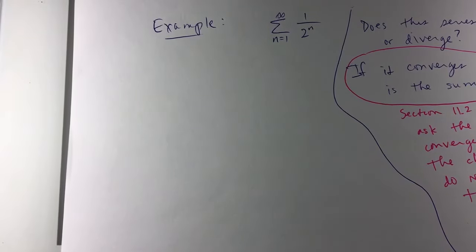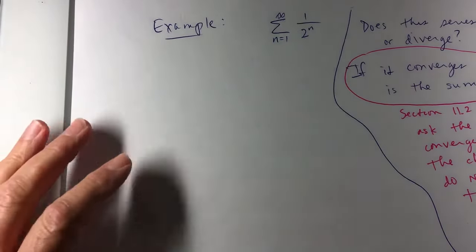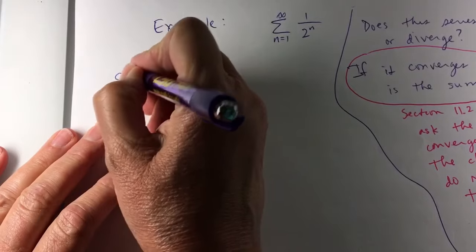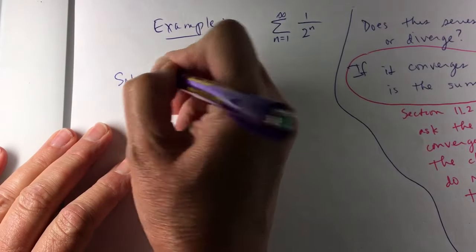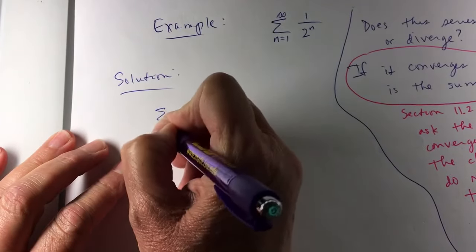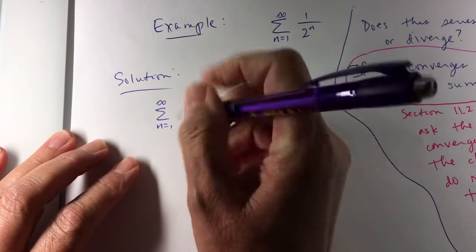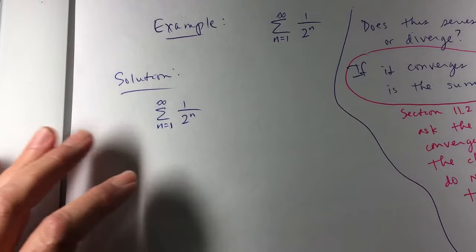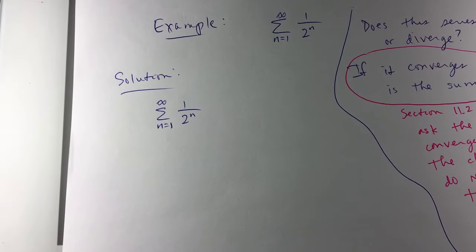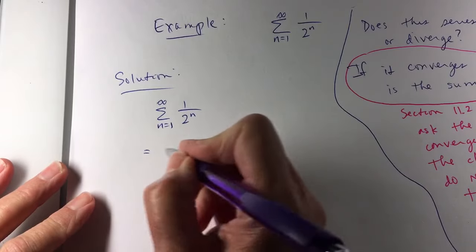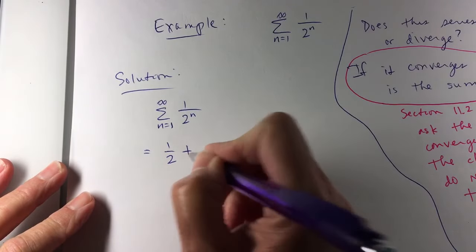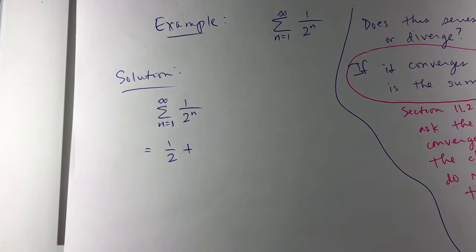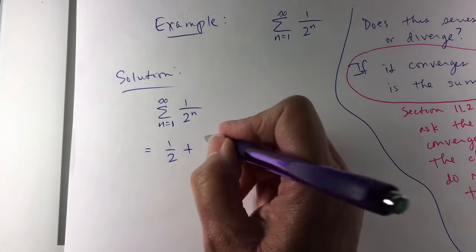So let's write out a few terms of this series. I'll have this: the sum as n goes from 1 to infinity of 1 over 2 to the n. Well, when n is 1, what is the term? What's the first term? 1/2. When n is 2, it is 1/4.